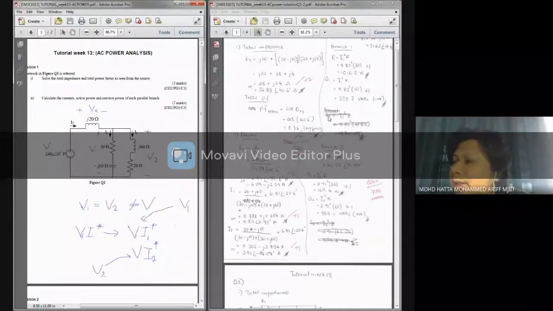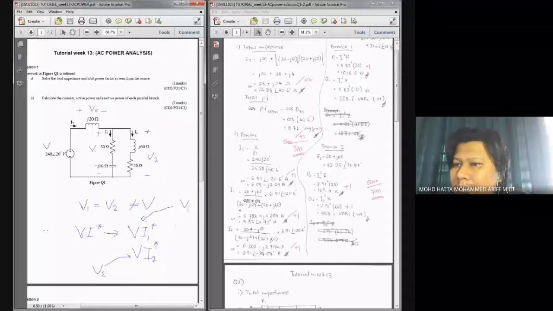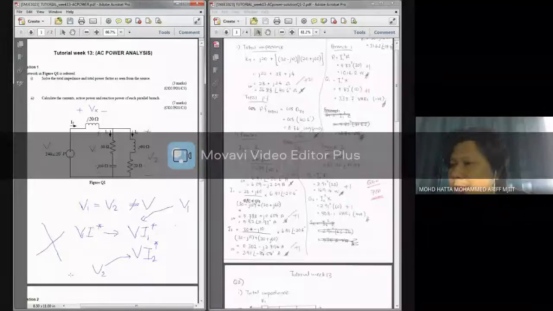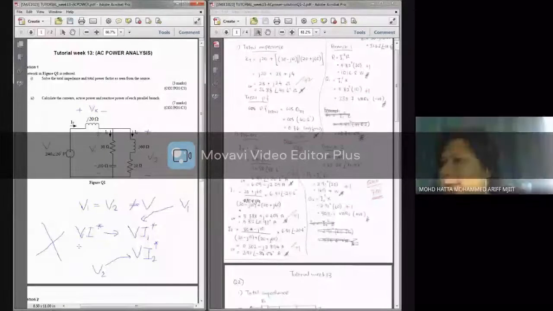That's why in my solution, I'm not suggesting this kind of strategy, because I have to find V1 and V2 first in order to calculate my active power and reactive power.